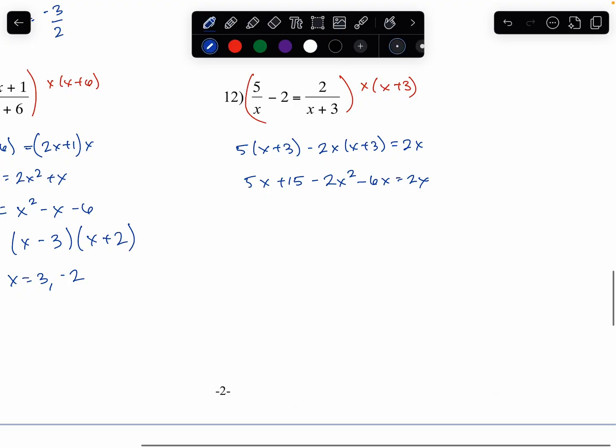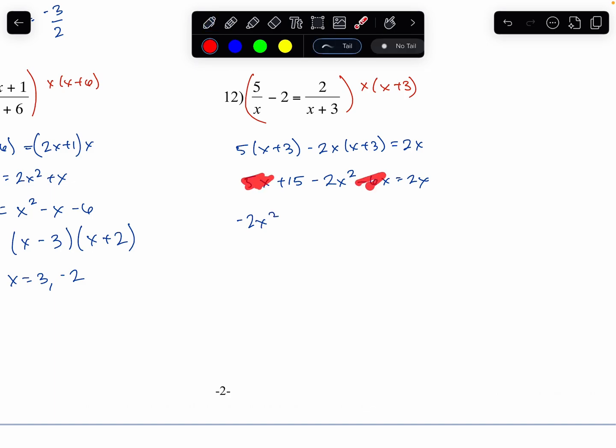I have a negative 2x squared here, 5x, negative 6x, so that's going to be minus x plus 15 equal to 2x. Let's go ahead and subtract the 2x. So I'm going to get negative 2x squared minus 3x plus 15 equal to 0.